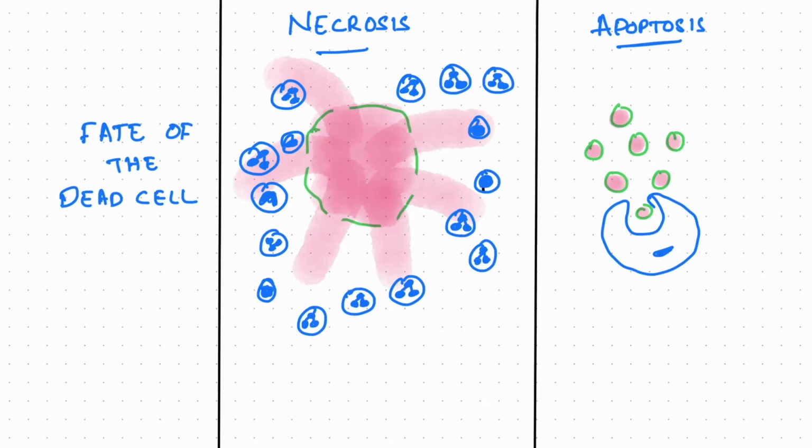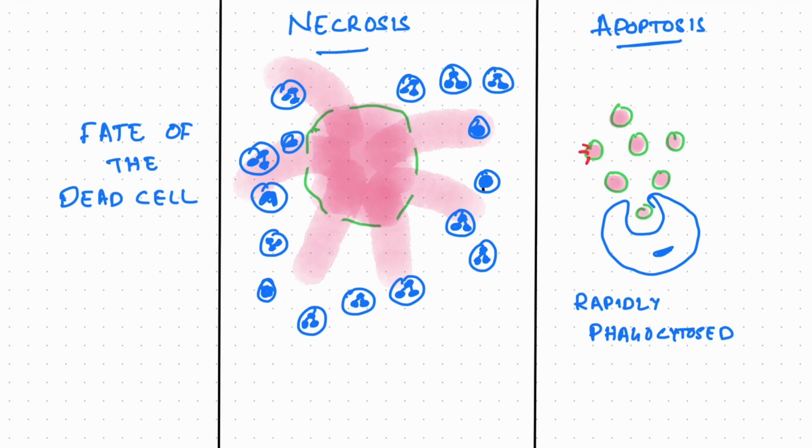Finally, what happens to the dead cells? Both necrotic and apoptotic cells eventually have to be removed. But the context is very different. In apoptosis, the cell is broken into small apoptotic bodies, which are rapidly recognized and engulfed by phagocytes.